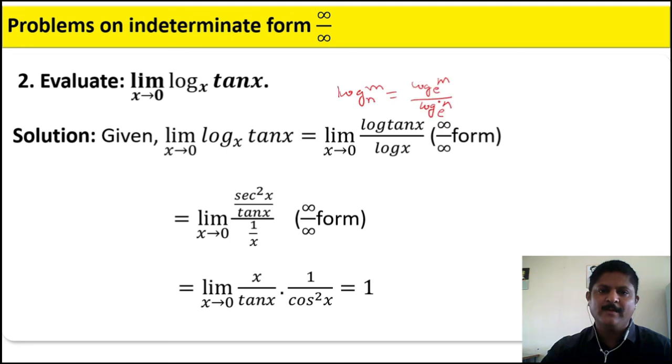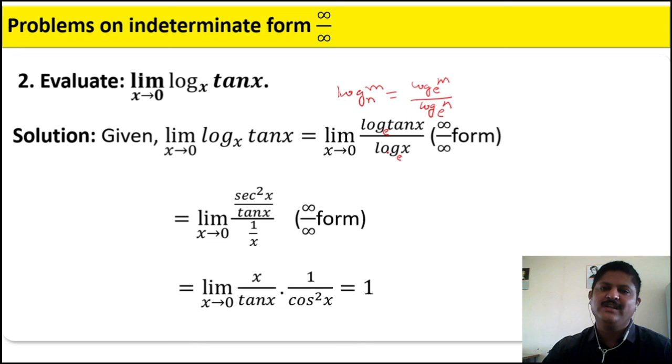Therefore, log of tan x to the base x equals log of tan x to the base e divided by log of x to the base e. Apply limit as x tends to 0. Log of tan x means log of tan 0. Tan 0 is nothing but 0. Log 0 minus infinity divided by log 0 minus infinity, infinity by infinity form.